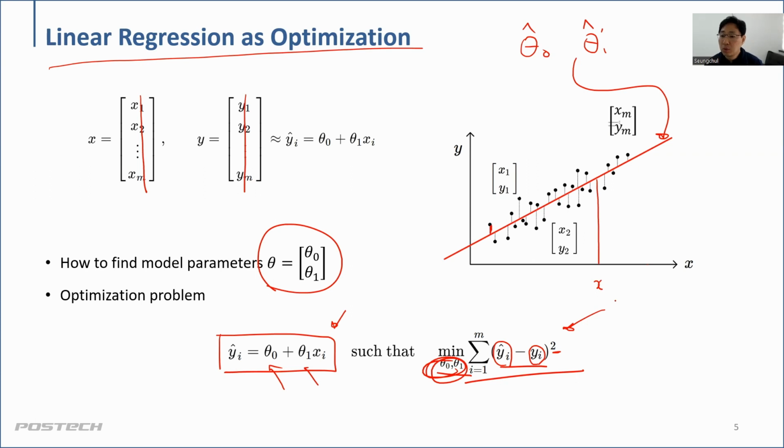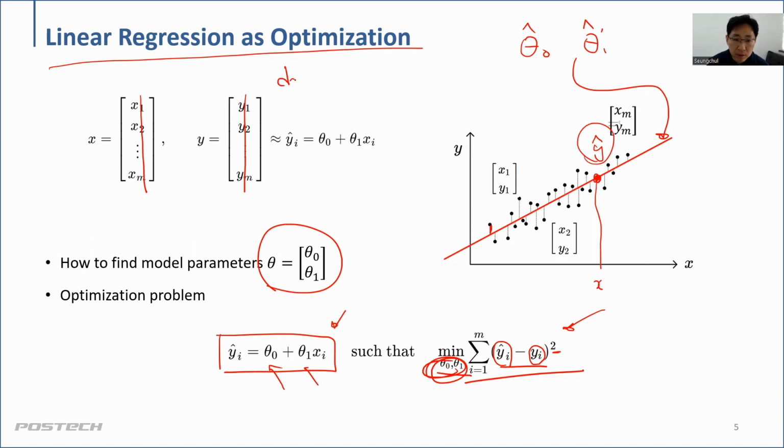Suppose you have unseen data points as inputs, and I want to know the best predictions we can have given the data. That's the only purpose of building linear regression models.